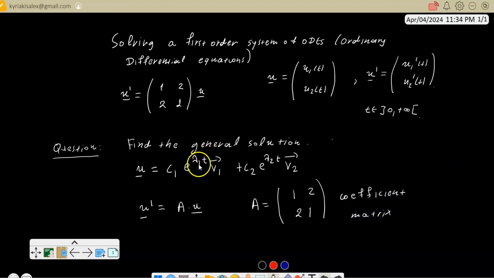So lambda 1 corresponds to the first eigenvalue, lambda 2 the second eigenvalue, and v1 is the eigenvector associated to the eigenvalue lambda 1, v2 is the eigenvector associated to the eigenvalue lambda 2. C1 and C2 are just arbitrary real coefficients.